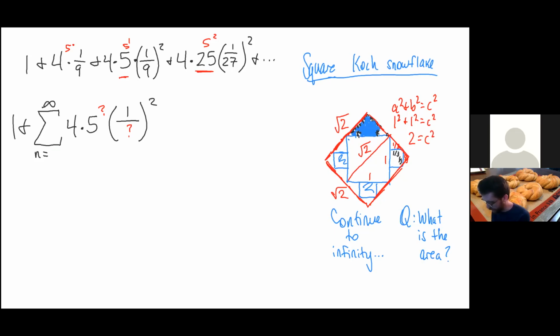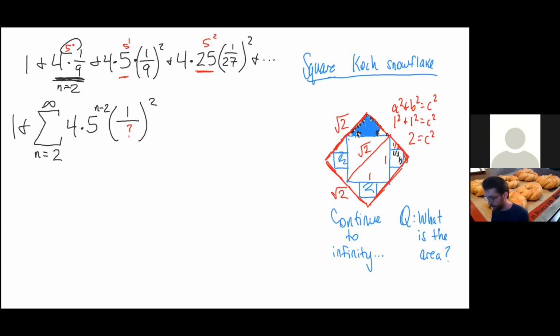Okay, so we'll start with 2. And I want this thing then to align with this. So this first term is what I'm claiming is the n equals 2 term. And so 5 to the 0 should appear here. Okay, so 5 to the 0 I could write as 5 to the n minus 2.